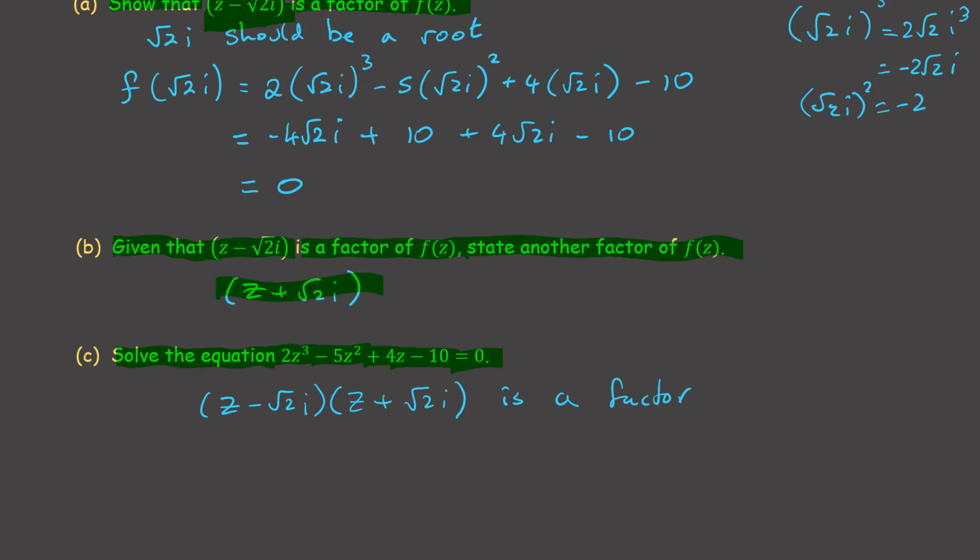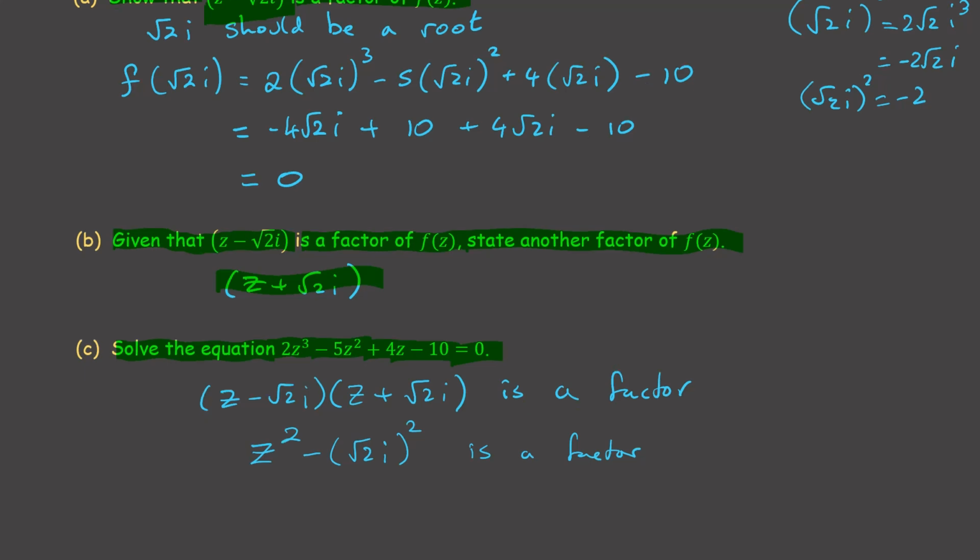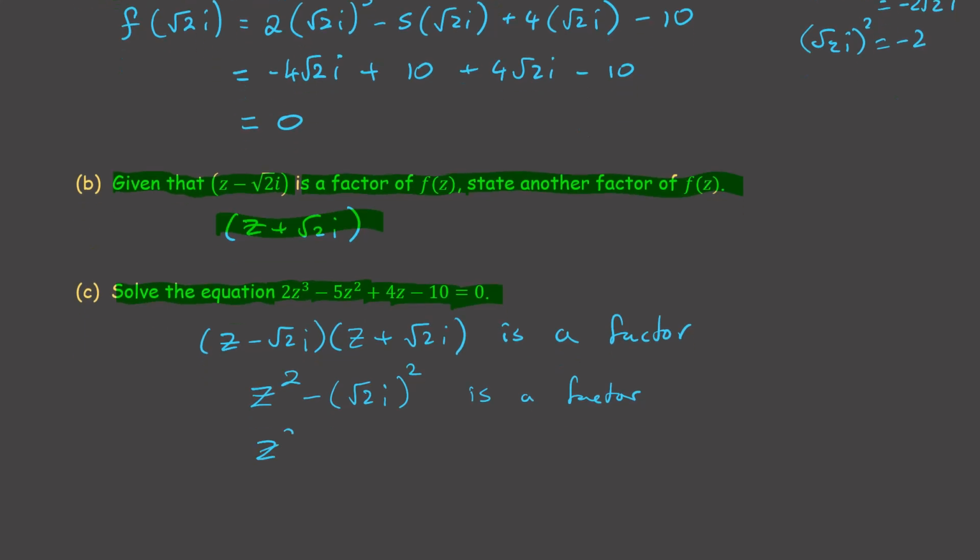If we expand that out, notice it's a difference of perfect squares, so we've got z squared minus root 2i squared, and that gives me z squared plus 2. Remember, root 2i, if we square it, we're going to get 2i squared, which is negative 2. And negative 2 plus 2.